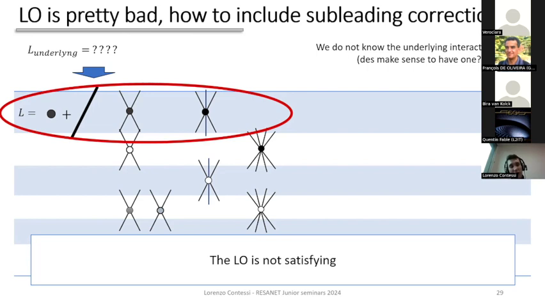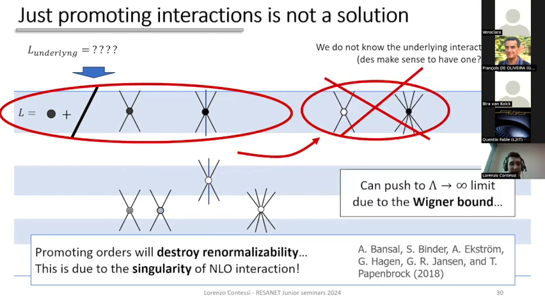So the first thing you can think is, why don't we just add next to leading order non-perturbatively? That's the easiest part. Just add some other things that you think will solve the problem, and just add them in your Schrödinger equation. Unfortunately, this is not really possible, because you will have the same exact problem as the non-renormalizable power counting, in which you cannot increase the cutoff, or you have strong cutoff dependence.